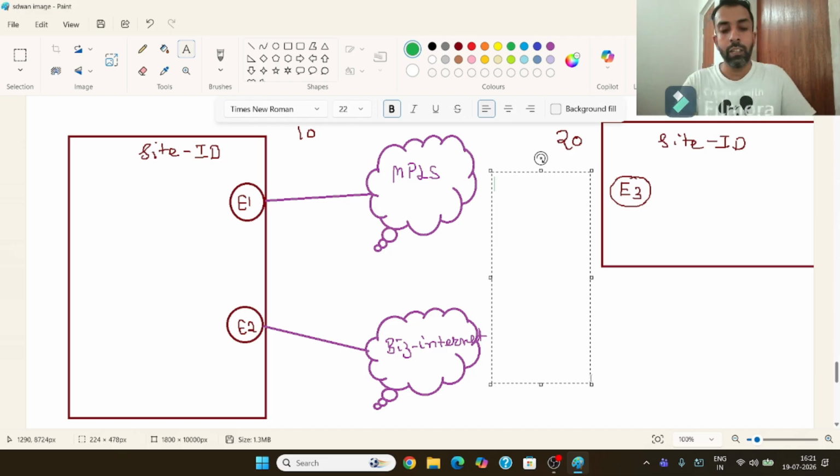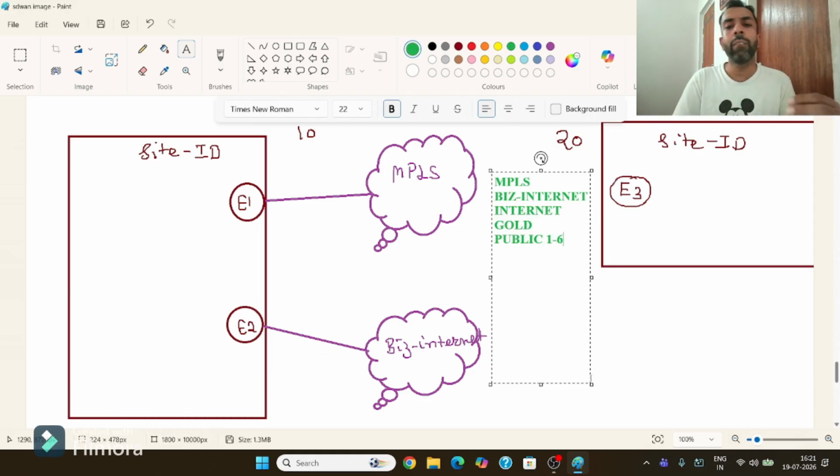It can be your MPLS connection, your business internet, an internet connection, a gold connection, or a public connection, public 1 to public 6. These names can be provided. Now, does it matter? Yes.